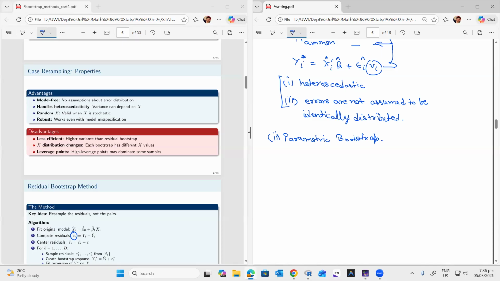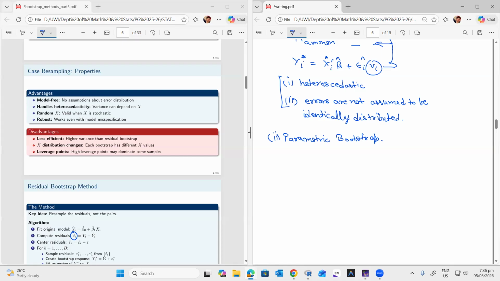We fit the model to get beta cap and sigma cap, and simulate the standard error for the assumed distribution, and then we resample again and again.